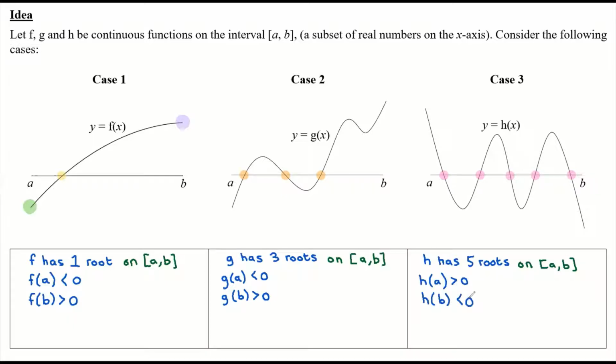So let's just have a look at what's going on. We've got the number of roots. Now, what's the key property? What property do these number of roots all share? If we look across, we have 1 root, 3, and 5. Okay, in these 3 cases. So it appears we have an odd number of roots, first of all. So 1, 3, and 5.